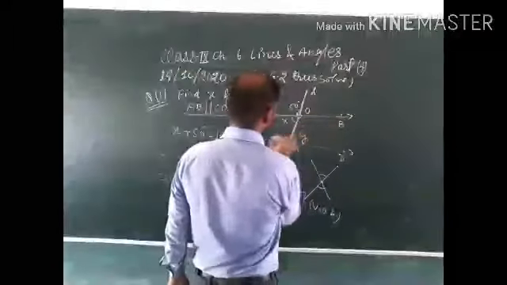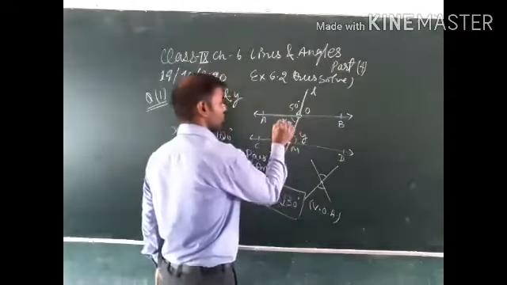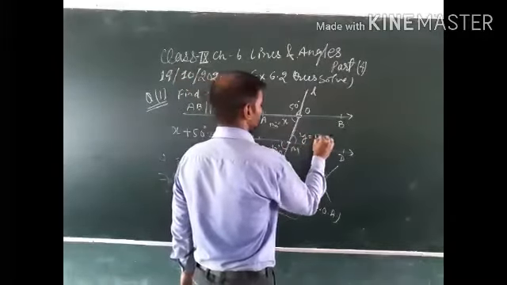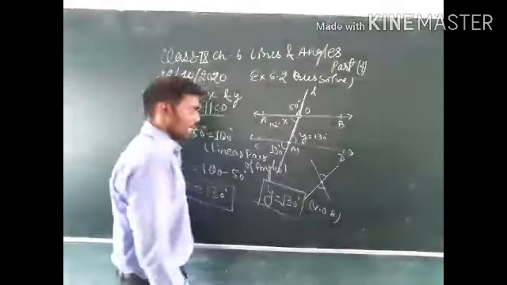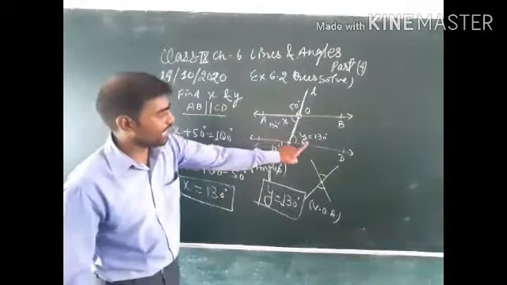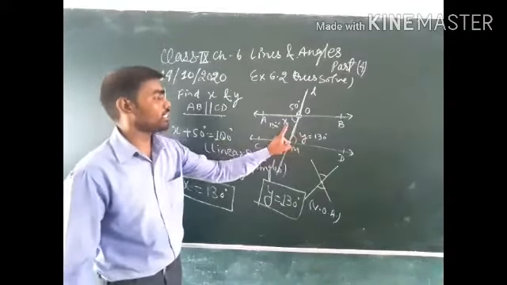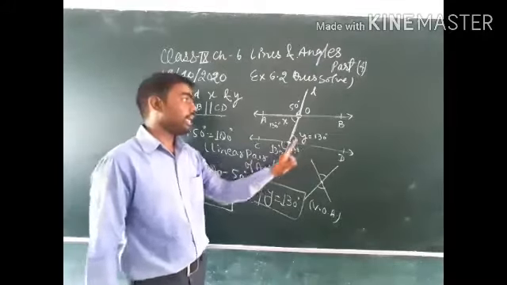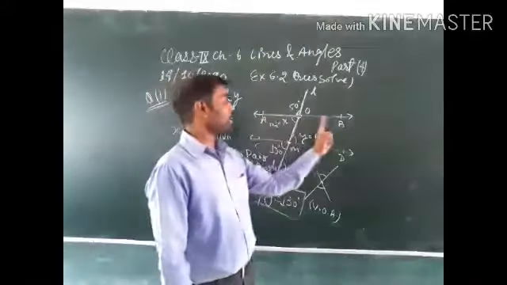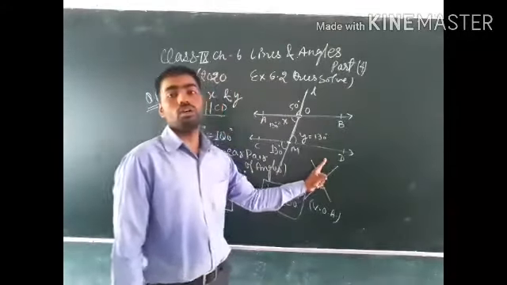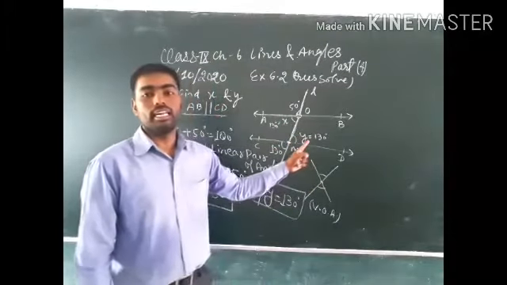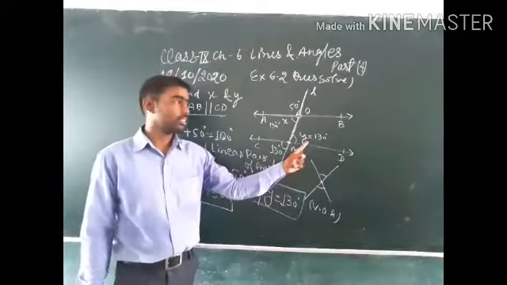This is line AB and this is line CD. The value of x is equal to 130 degrees, and the value of y is also 130 degrees. Here you can see the value of x and y are equal to each other. It means AB is parallel to CD, because this angle and this angle are alternate interior angles.